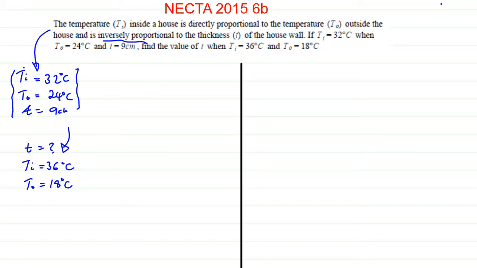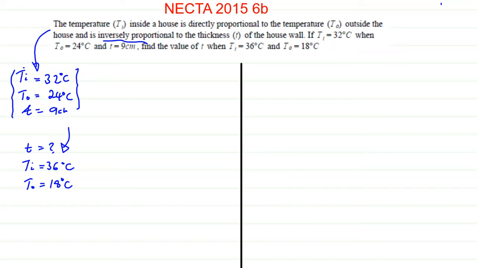If you are familiar with these types of questions, you get given some data first that will help you to find the constant of proportionality, and then you can use it to find the missing data. All right, so let's start.